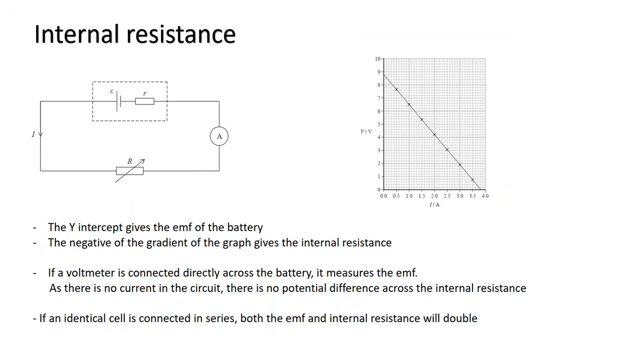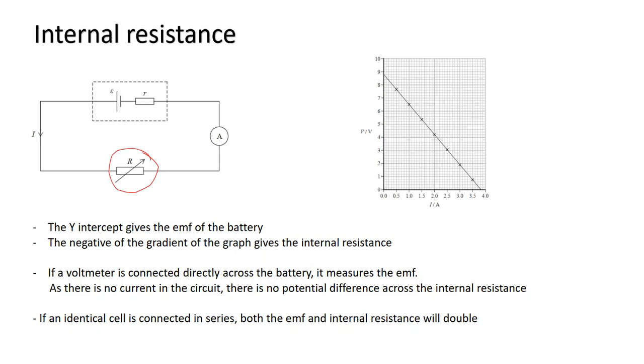Now let's talk about internal resistance. So this is the circuit we use to study the internal resistance of a battery. You can clearly see we have a variable resistor here, and when the resistance is varied, the current as well as the voltage, the terminal PD, will also vary.